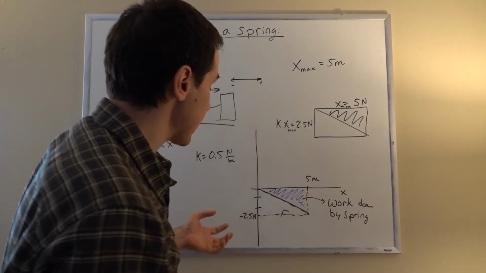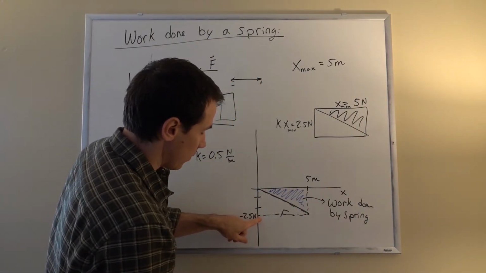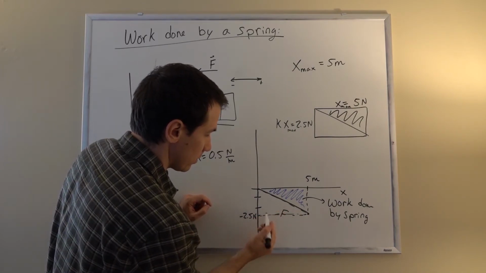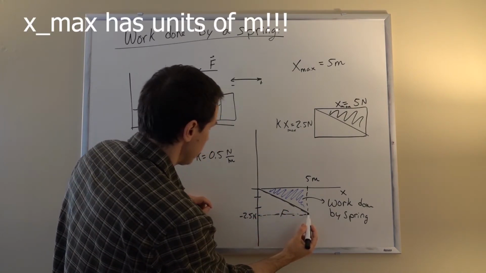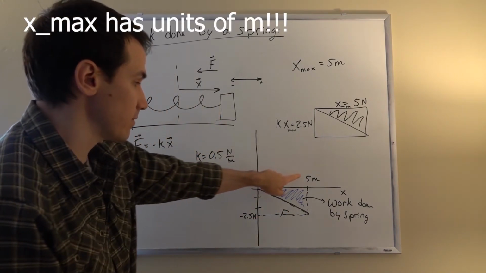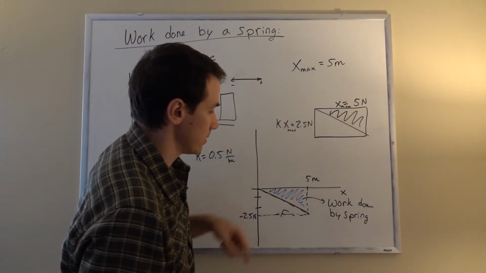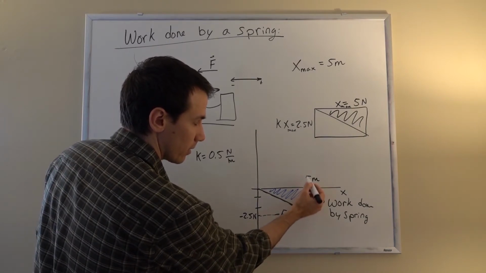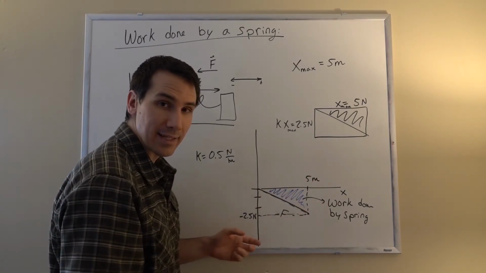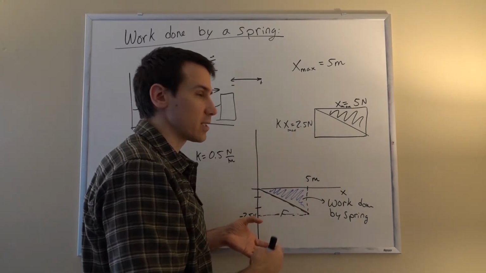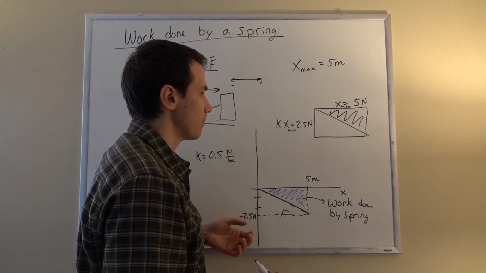And we use x max because our value here, this line here, is k times 5 meters, which is x max. And of course, this line here is x max. That is where our object ended, and that defines the boundaries of our rectangle.